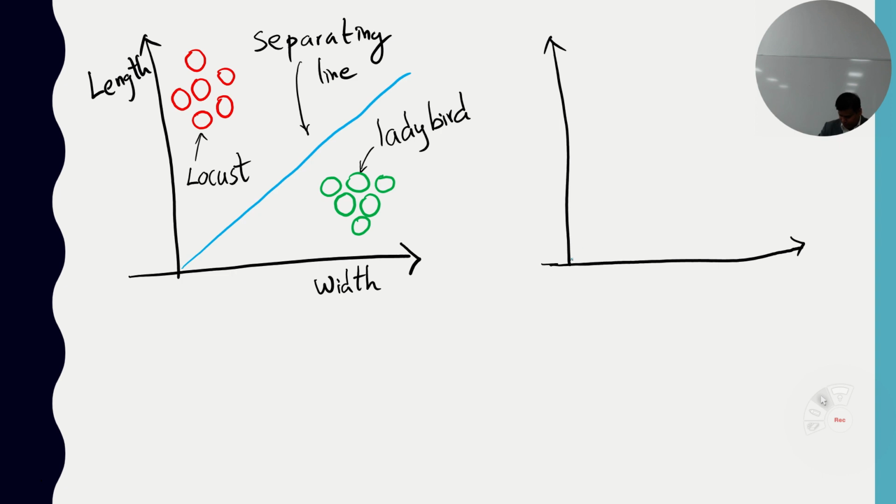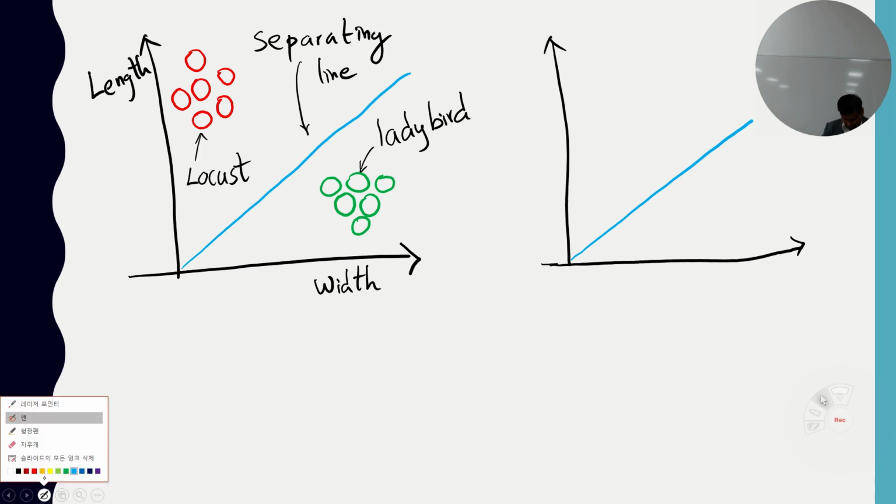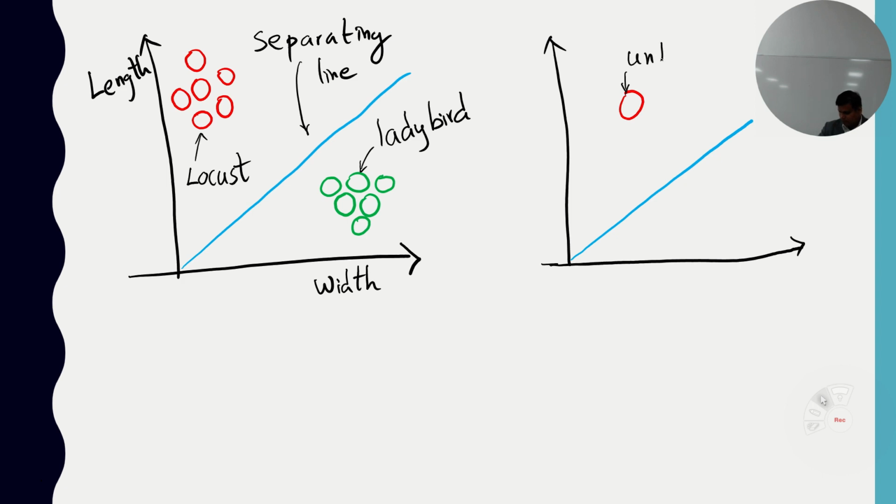Once this has been drawn, if a new bug comes in, suppose this is an unknown bug, based on the given true values of width and length and the place where it falls, you can clearly see that this belongs to a certain class.